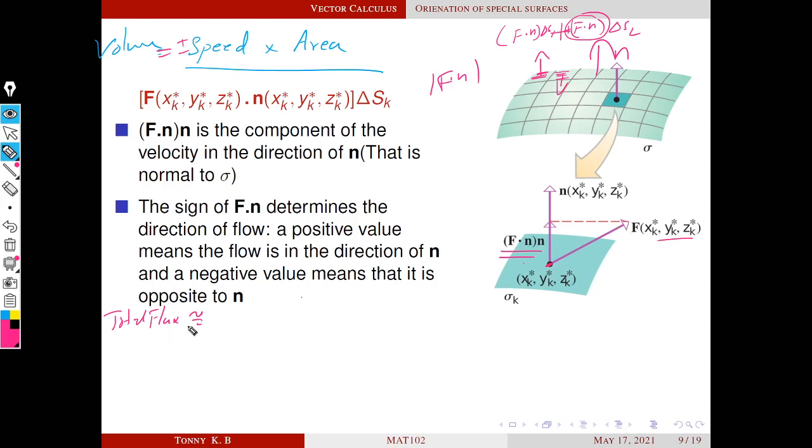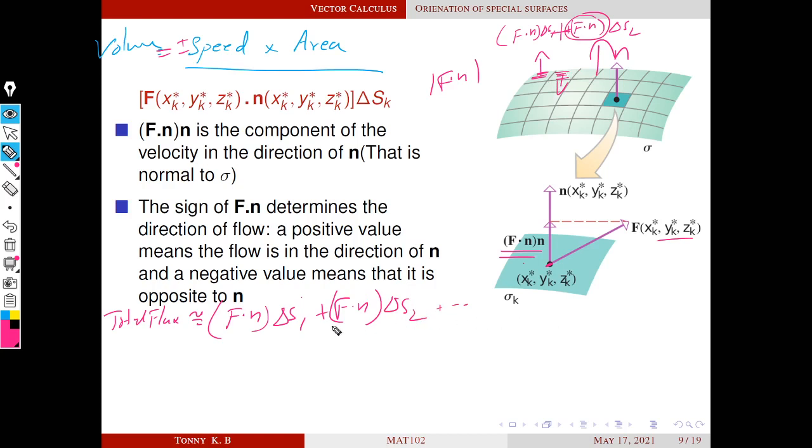So what about the approximation of total flux? It is equal to f dot n, the velocity corresponding to the first patch, times the area delta S1. So this is the flux corresponding to sigma 1, plus f dot n times delta S2, where this f dot n is from the second patch, plus etc., up to the nth one.